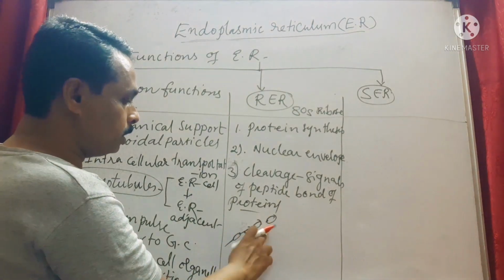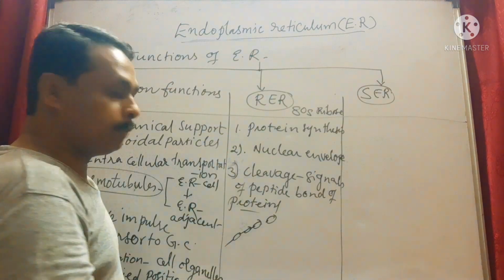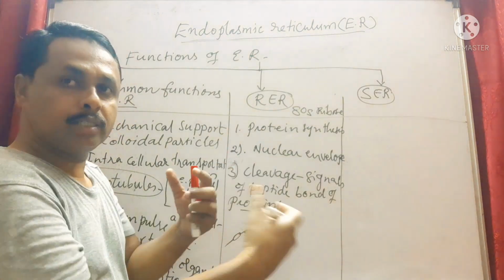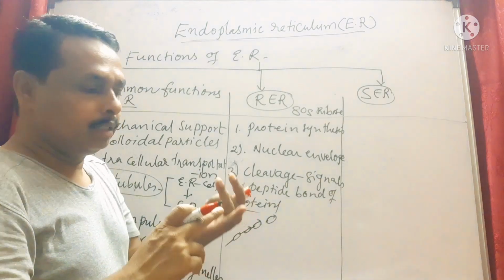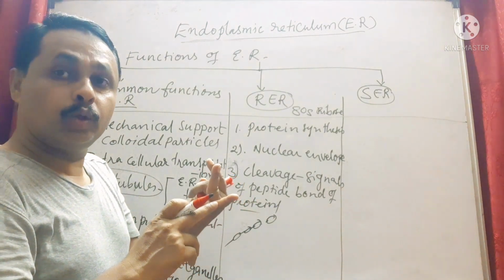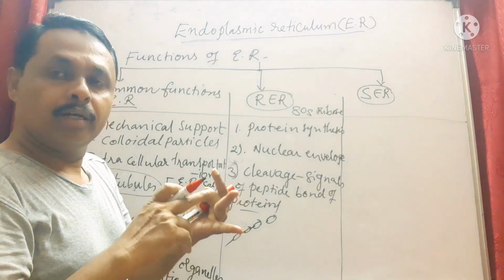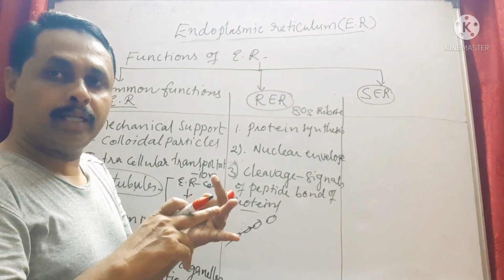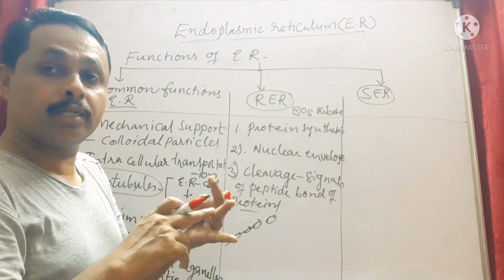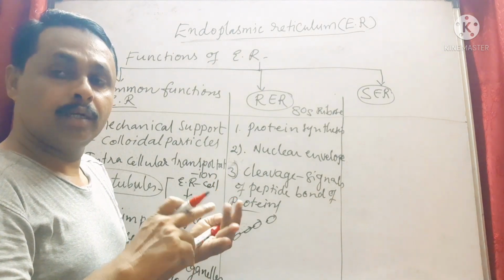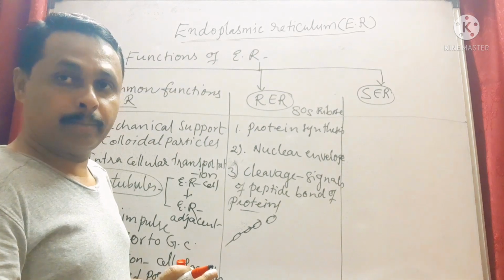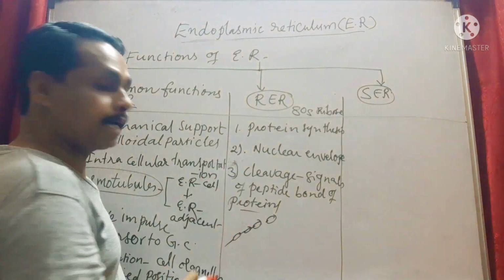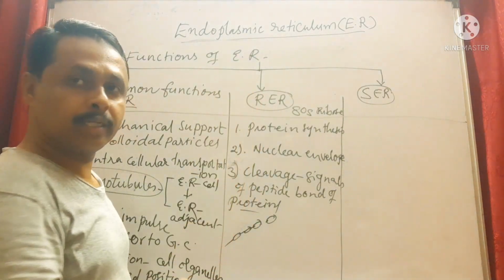If these peptide bonds are cleaved by the rough endoplasmic reticulum, the protein structures will fold themselves and form three-dimensional proteins. Tertiary proteins means three-dimensional proteins. Quaternary proteins, like that, the protein structures are formed in the biological system due to this activity of rough endoplasmic reticulum.